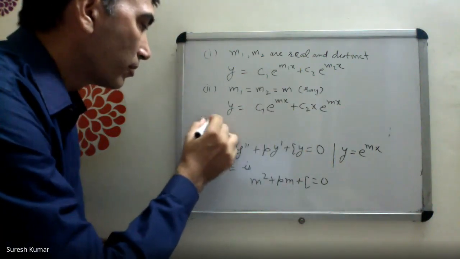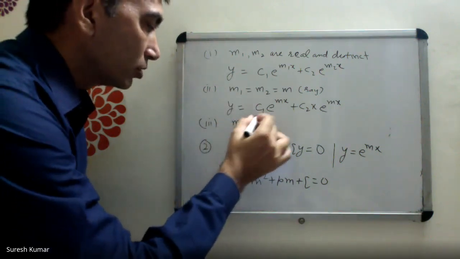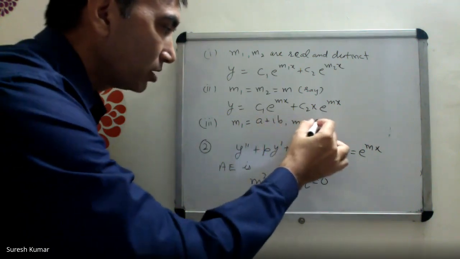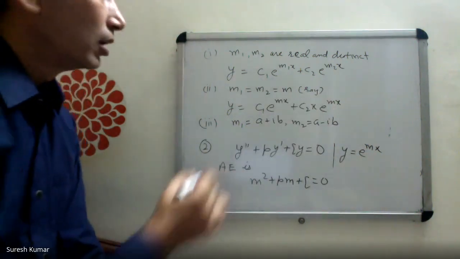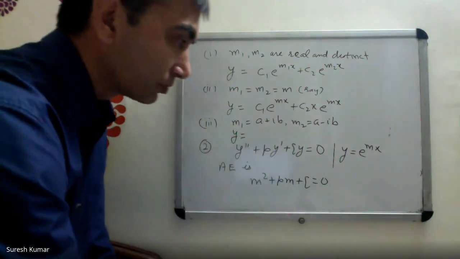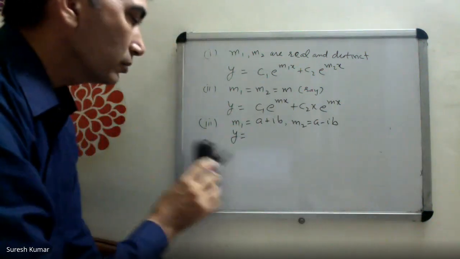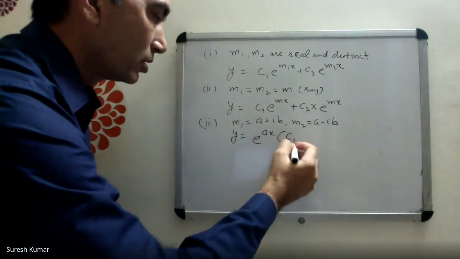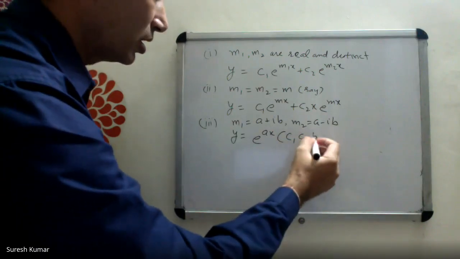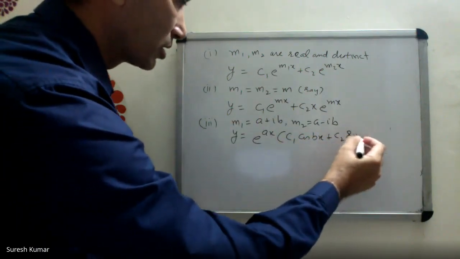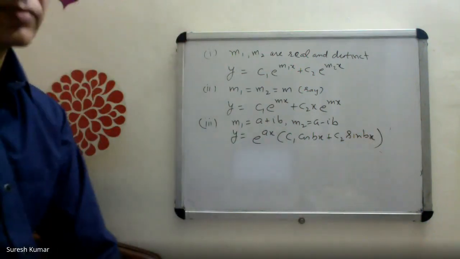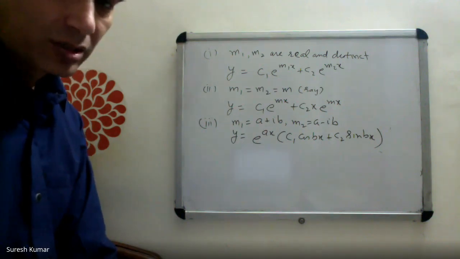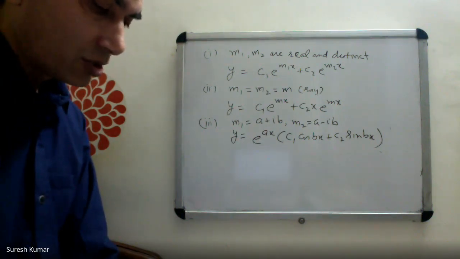Third case, if the roots are complex, say m1 is a + ib, m2 is a − ib. Then the general solution is e^(ax) (c1 cos bx + c2 sin bx). Hope you recall these solutions we discussed in the previous lecture.